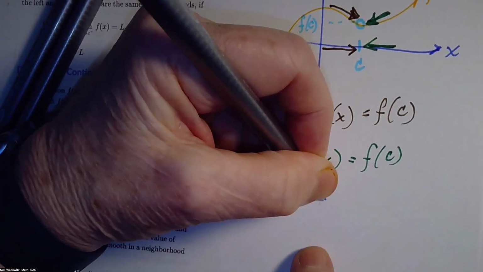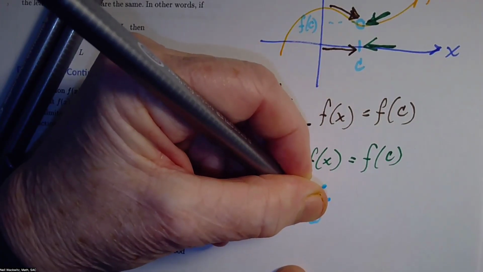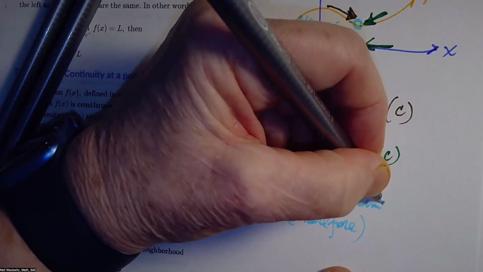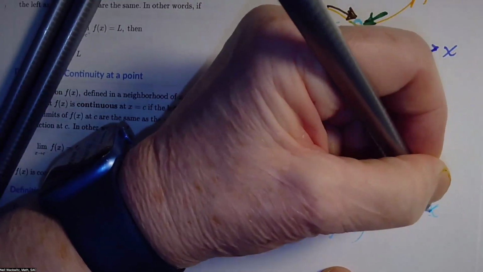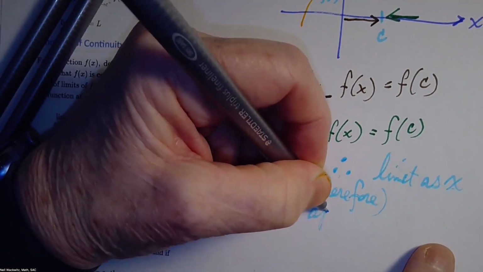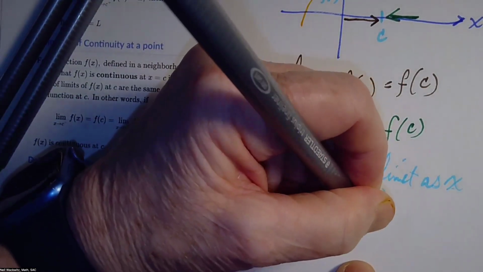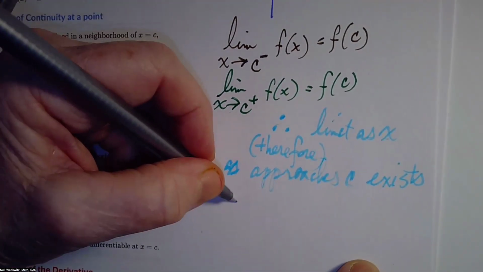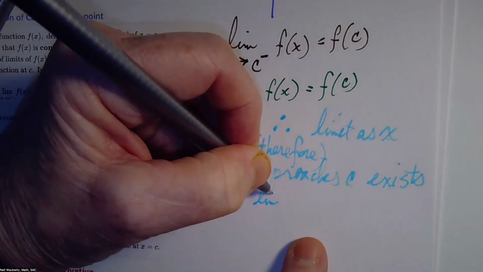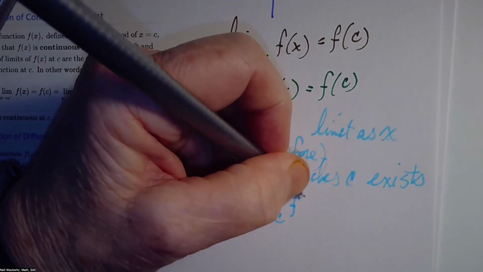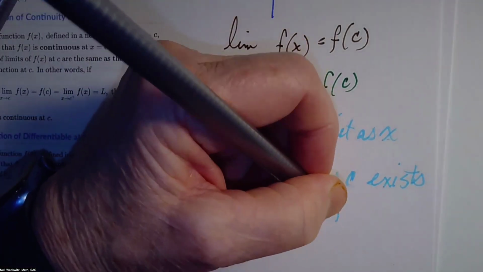Therefore, the limit as x approaches c exists, and the limit as x approaches c, without a plus or a minus, of f of x equals f of c.